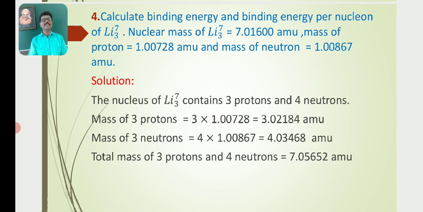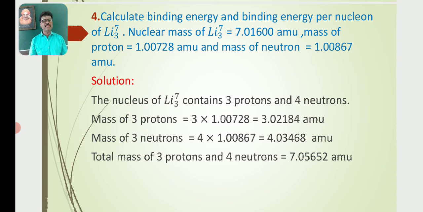Here the nucleus of lithium-37 contains 3 protons and 4 neutrons. Then the mass of 3 protons is 3 into 1.00728, which is equal to 3.02184 AMU. Similarly, the mass of 4 neutrons is 4 into 1.00867, which is equal to 4.03468 AMU.